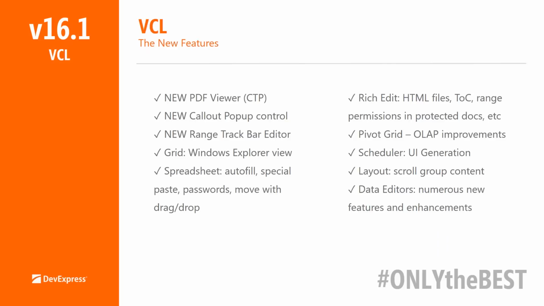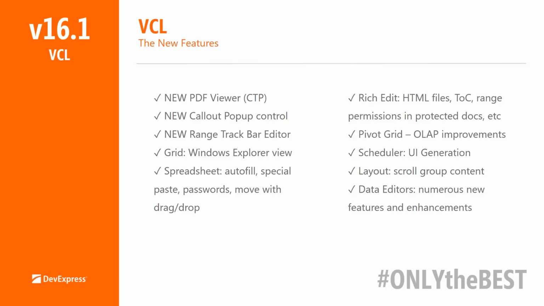The rich edit, you can now edit HTML files. You can open an HTML file, edit it, and save it as HTML. Kind of fun. Table of contents, protected documentation and range permissions and things like that.